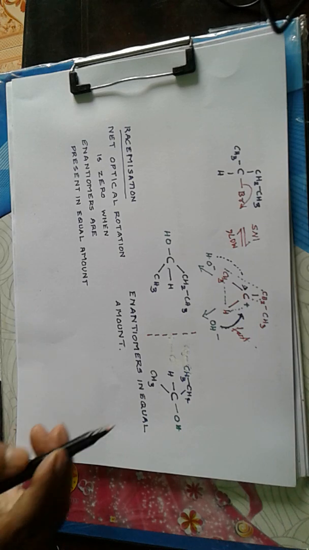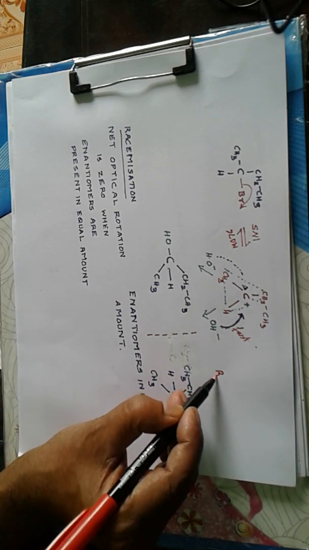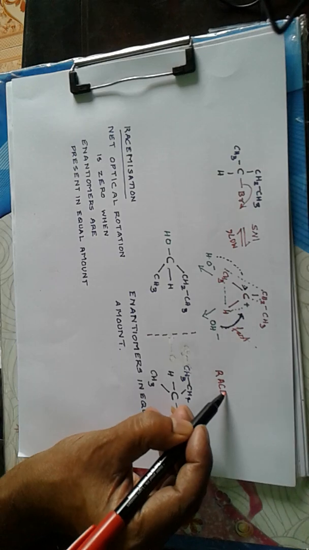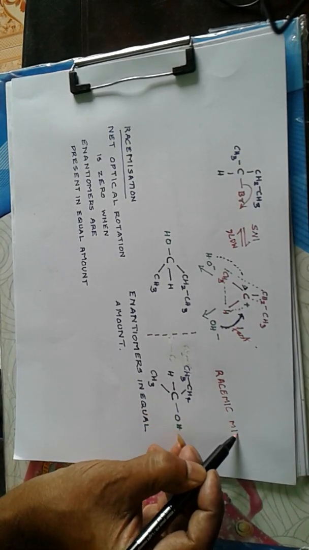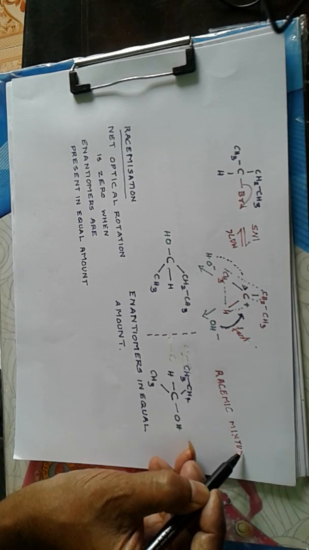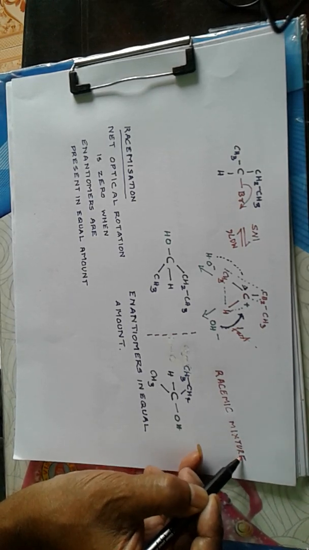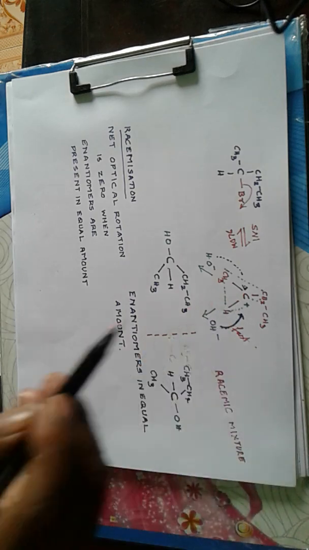And such a mixture of enantiomers in equal amounts is called a racemic mixture. So during SN1 reaction, you always get a racemic mixture, because there is equal chance for the attack of the carbocation from both sides. So equal amounts of enantiomers are formed.